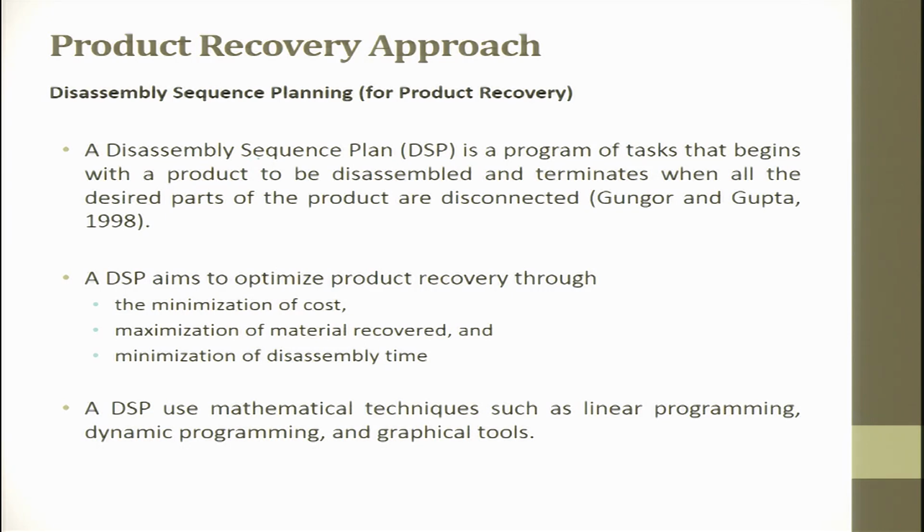The disassembly sequence plan, DSP, is a program of tasks that begins with a product to be disassembled and terminates when all the desired parts of the product are disconnected. So, this is the definition of a disassembly sequence plan.